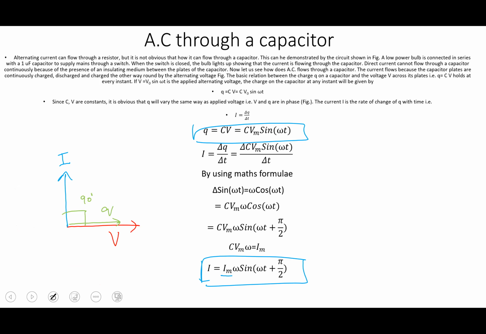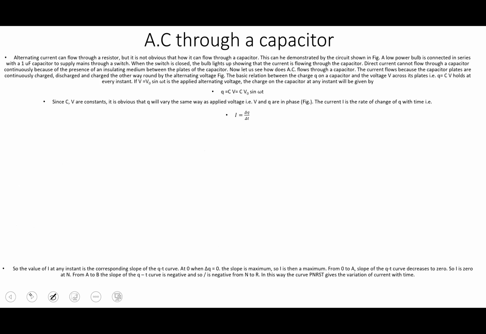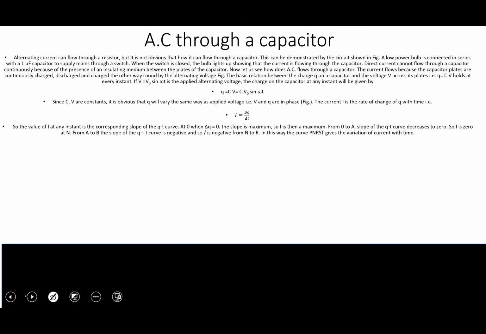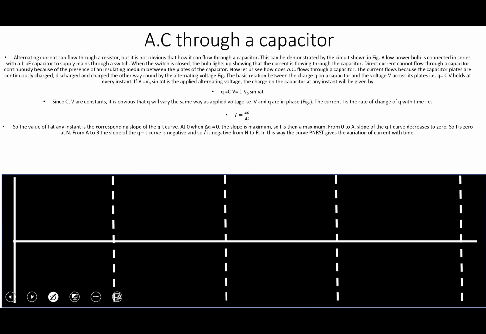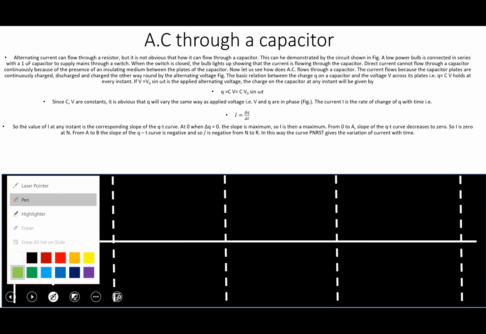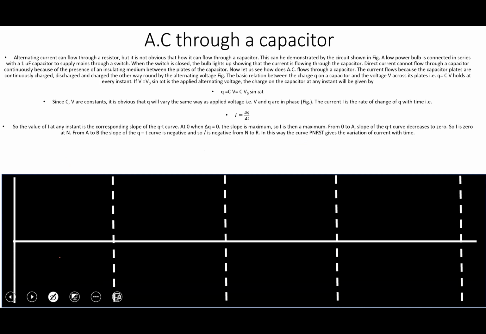Let's continue and start solving these values in the form of graphical representation. So here's the graph again. We have divided it into 4 components, 4 timelines, which is 0 over here, this is T by 4, this is T by 2, this is 3T by 4, and this is T.